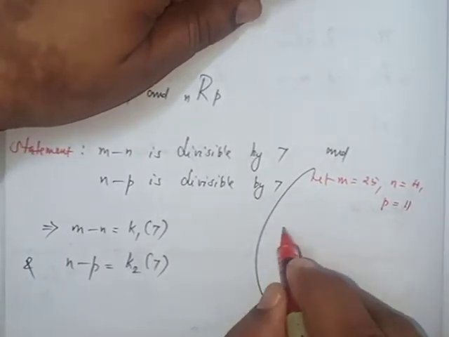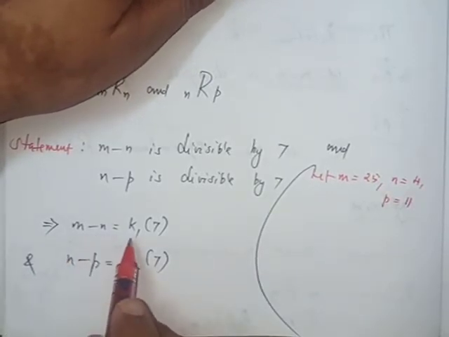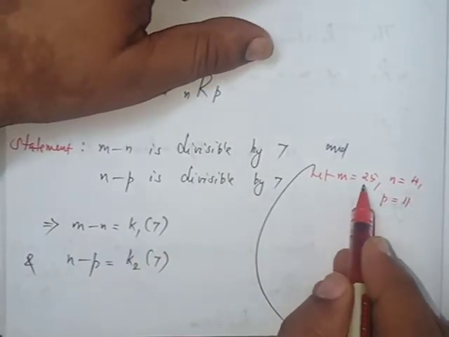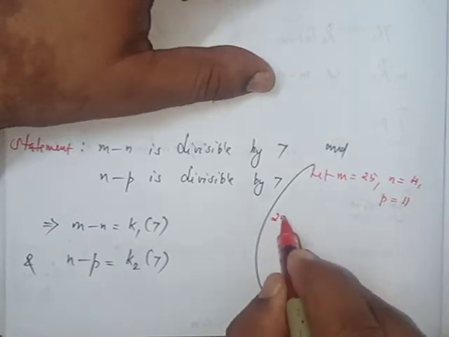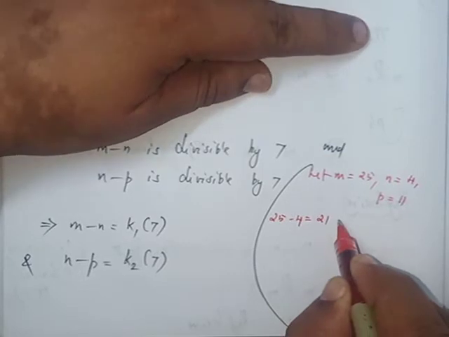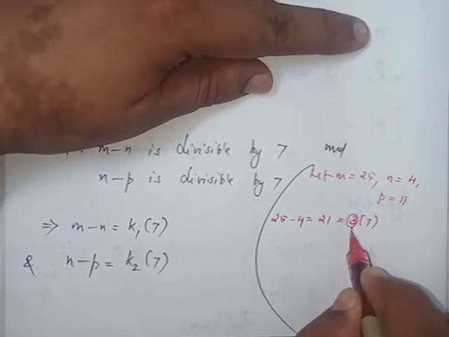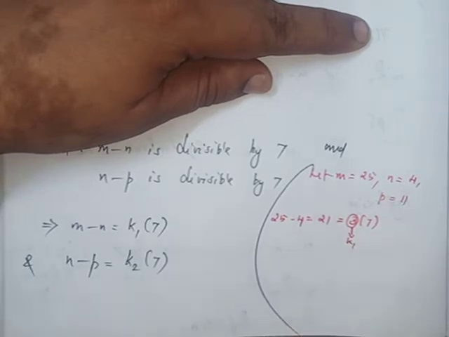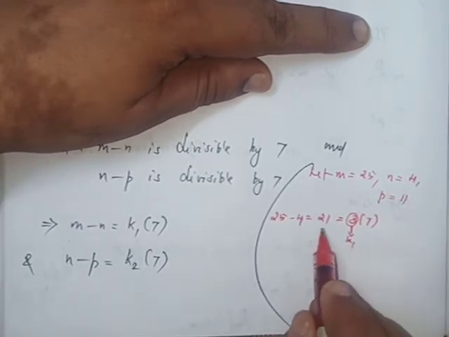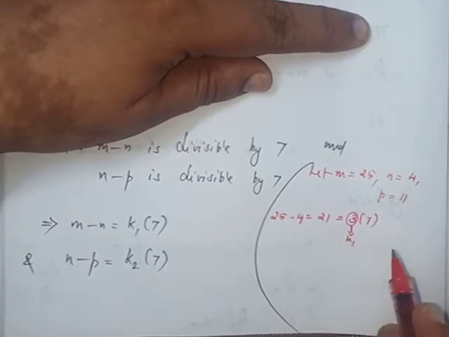Now m minus n is equal to k1 times 7. So 25 minus 4 is equal to 21. 21 you can write as 3 times 7. Here 3 refers to k1. So 21 is divisible by 7, 3 times 7.